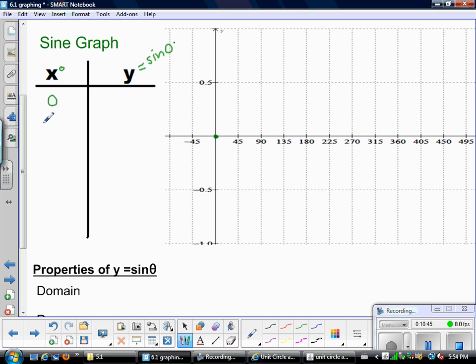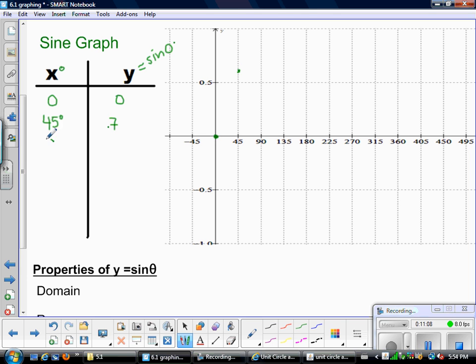And if we actually take values that we do know, so sine of 45 degrees is 1 over square root 2, or square root 2 over 2, which is approximately 0.707. So at 45 degrees, we're approximately here.